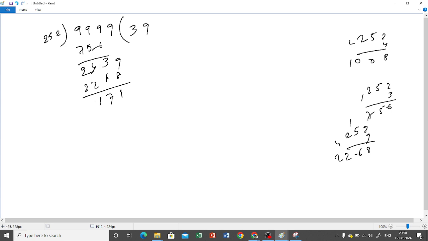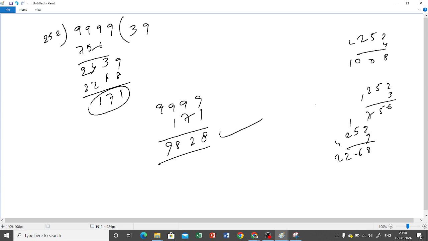Okay. So here you see 171 is the remainder, right? Let me subtract 171 from this 9999. So 9828.